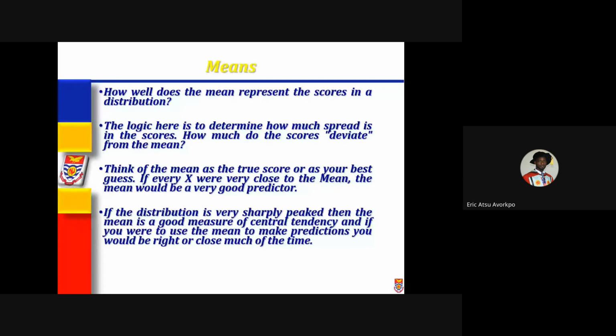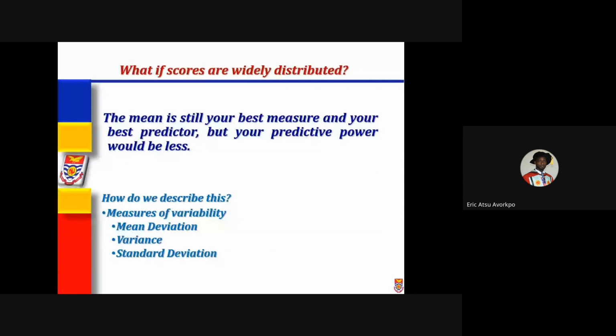So if you were to use the mean to make predictions, you would be right or closely matched most of the time. You would be very, very close to what the guess would have been. So if the scores are very widely distributed, then the mean is still your best measure and your best predictor, but your predictive power would actually be very low.